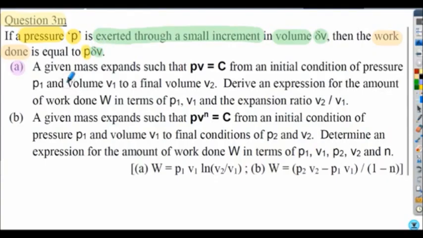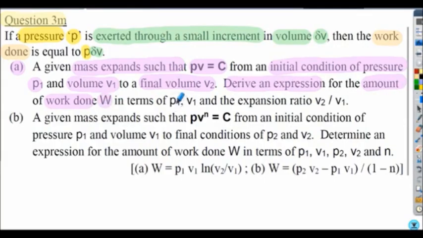So part A, given that a mass expands such that PV is equal to a constant C from an initial condition of pressure P1 and volume V1 to final volume V2. We're asked to derive an expression for the amount of work done, capital W, in terms of P1, V1, and the expansion ratio, V2 divided by V1.